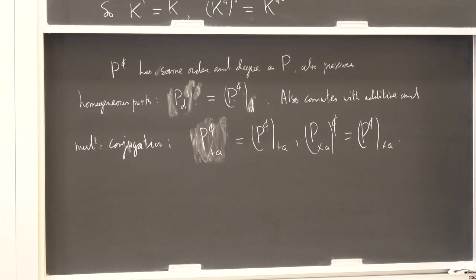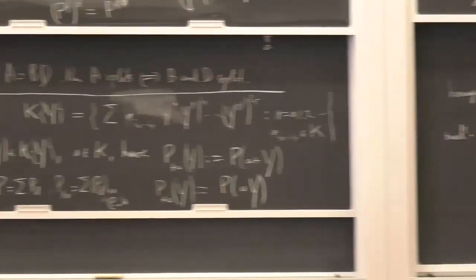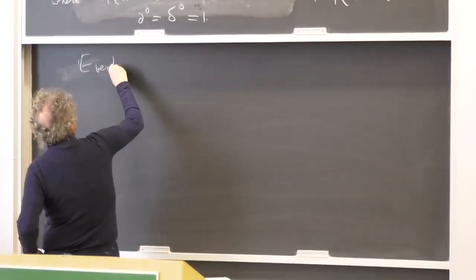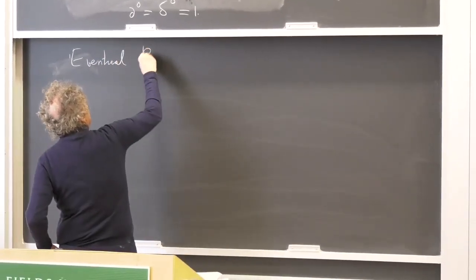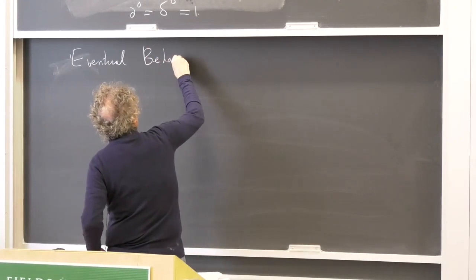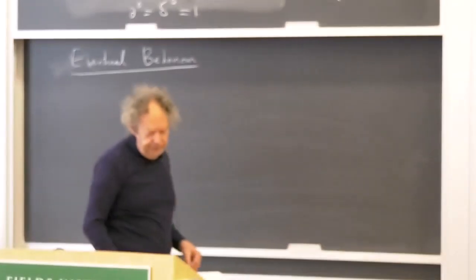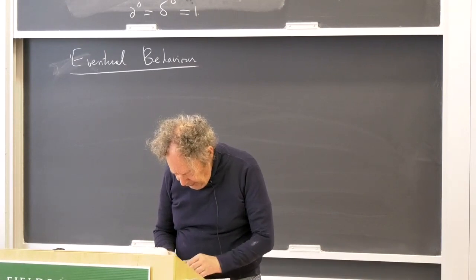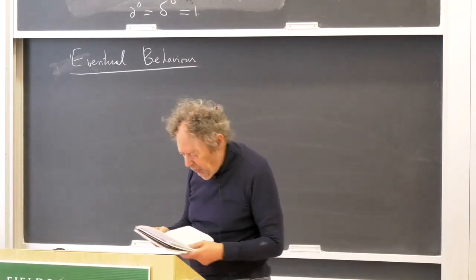Okay, so now I can get to the setting where we have H fields. I begin a new part, and that will enable us to define Newtonianity as eventual behavior. So this is all background to defining what we mean when we say that an H field is Newtonian.